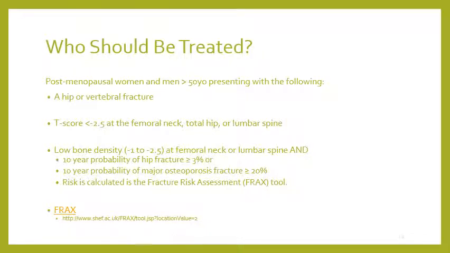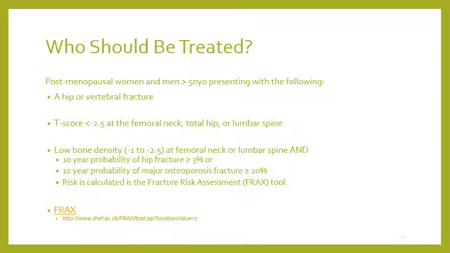Once we test patients, which of those patients need to be treated for osteoporosis? Any patient who is a postmenopausal female or a man over age 50 years old who presents with any of the following should be treated.